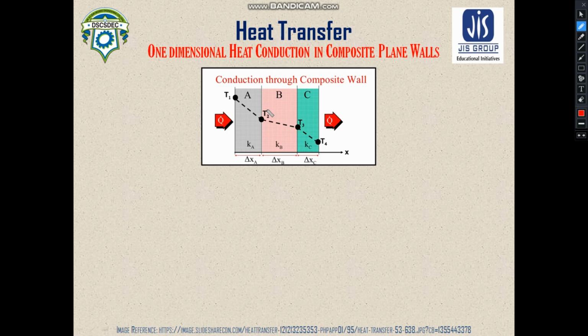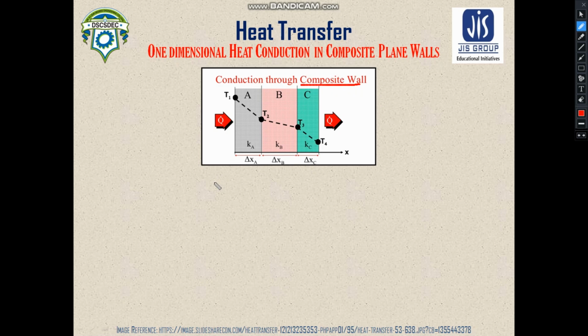So examples of these composite walls can be boiler walls, furnaces, and most of the heat exchanger devices. You will find that this kind of composite walls are used. So we will solve this heat transfer problem for this composite wall with the help of the basic understanding of electrical circuits.